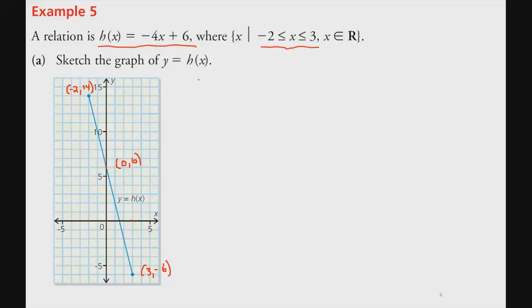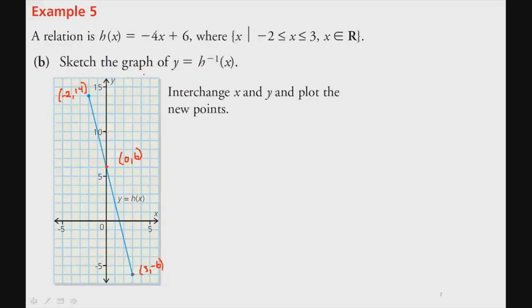Now, in order to graph the inverse of h of x, we want to do the same thing that we did when we were trying to find the equation, and that was interchange the x and y values. However, this time we're going to interchange them in these points.